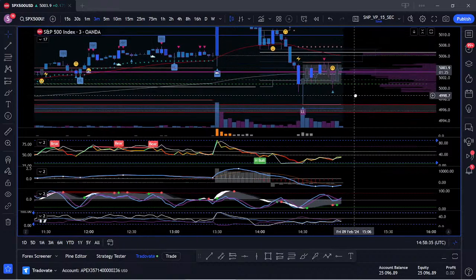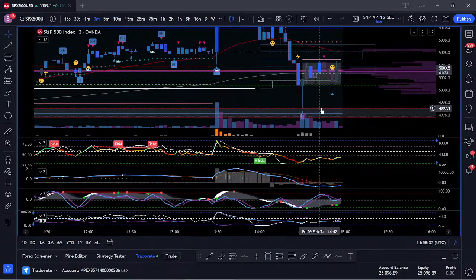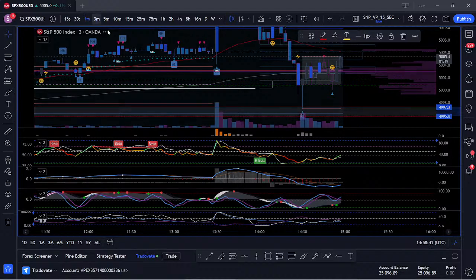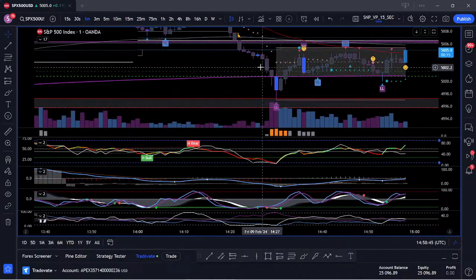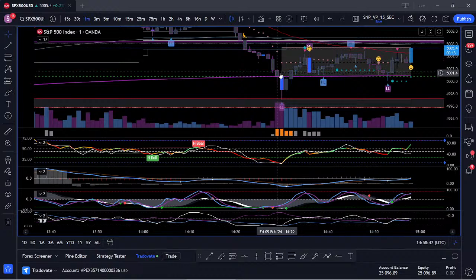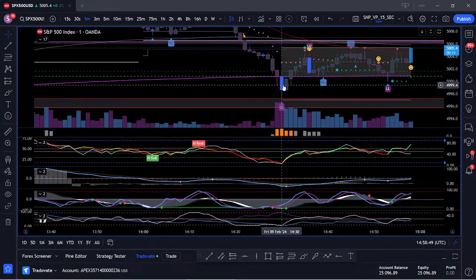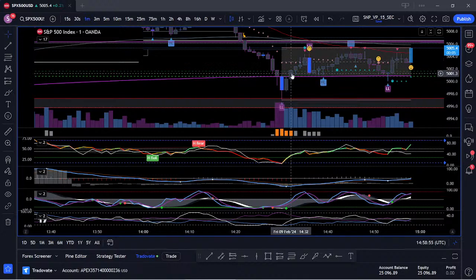We have a very tight place of buyers and sellers. Let's go to 1 minute. Sell, sell, strong sell in this block. Sell, but then a buyer is involved and pushed it back. Buyers taking over this bar.